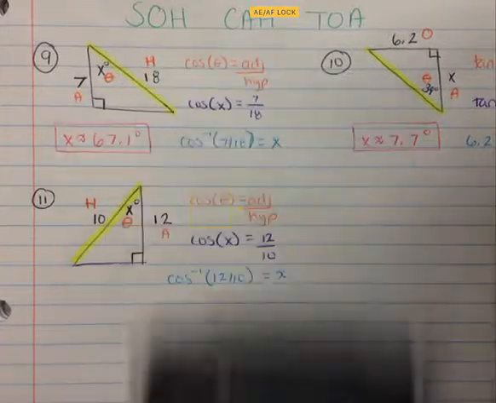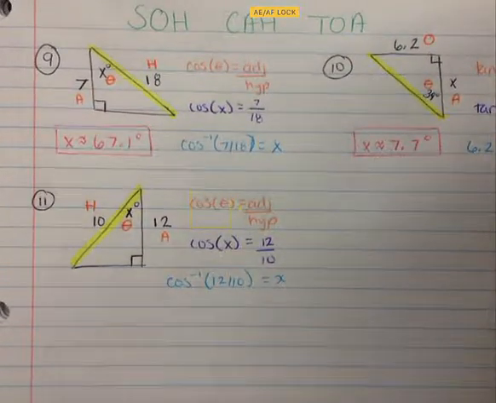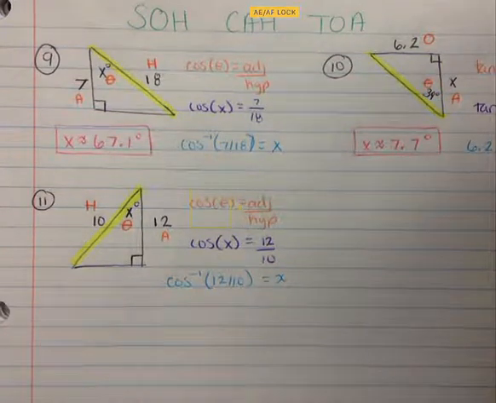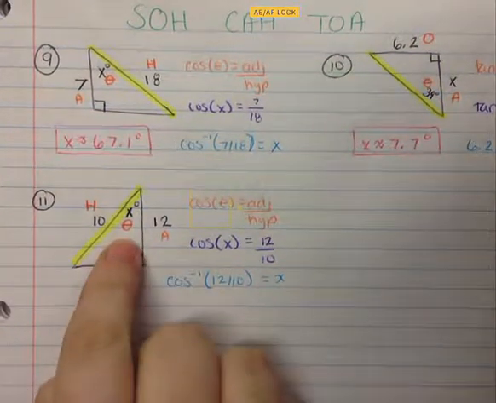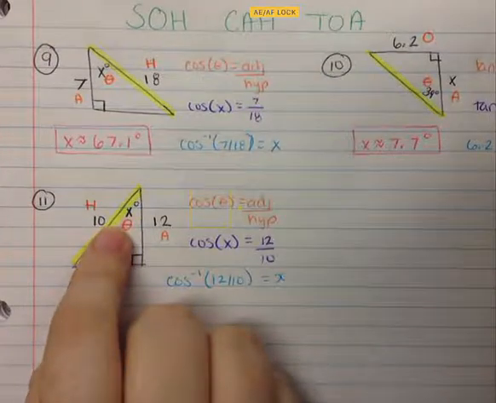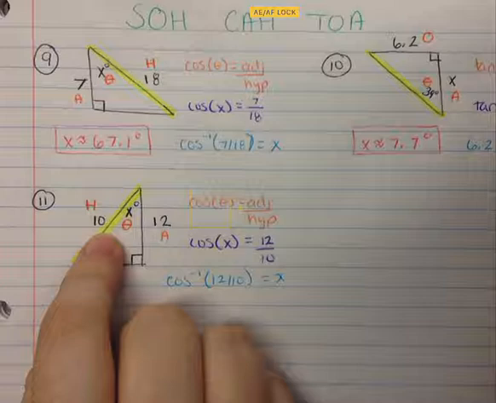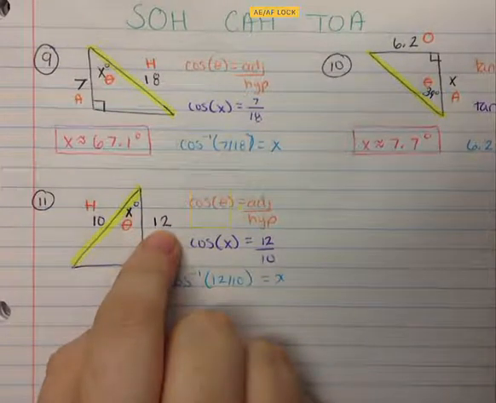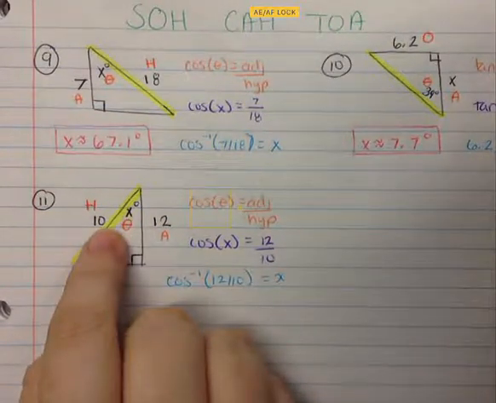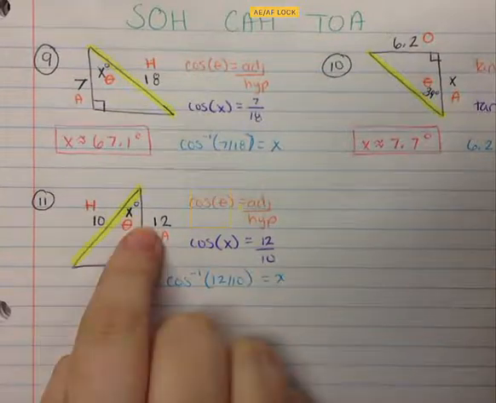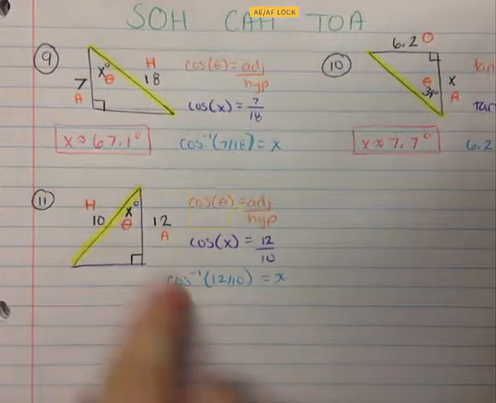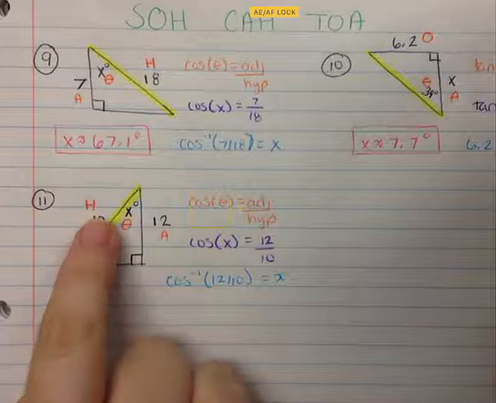Why do we get an error? We didn't do this wrong. We set it up correctly. I want you to look back at the triangle. The hypotenuse is always supposed to be the largest side, but the adjacent is 12 and the hypotenuse is 10. So we cannot actually do this problem because your hypotenuse is not the largest side.